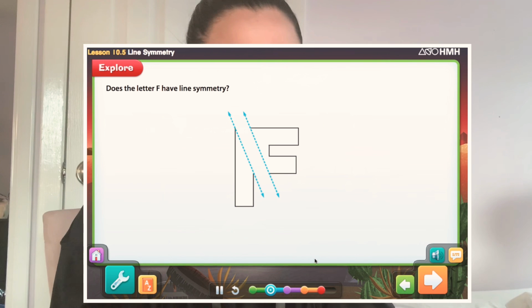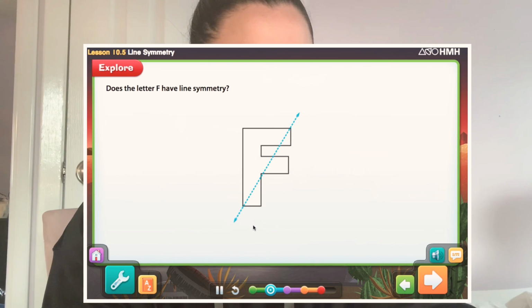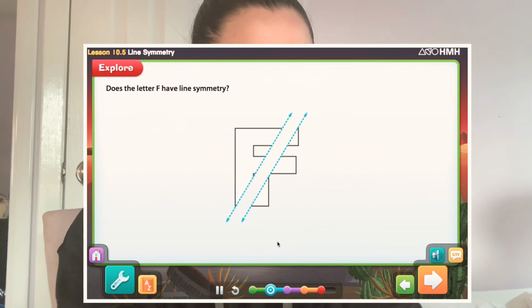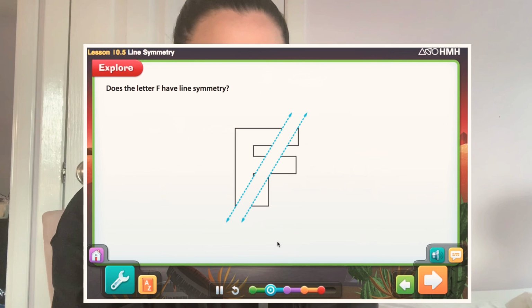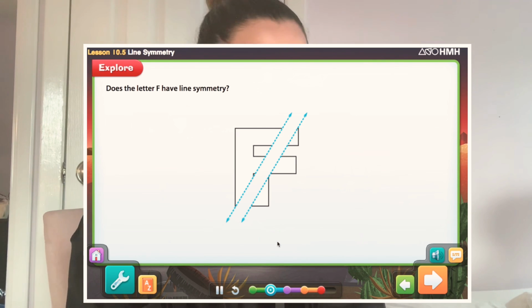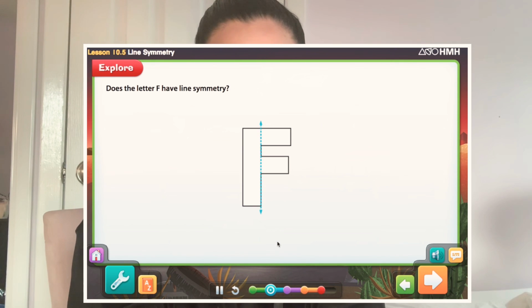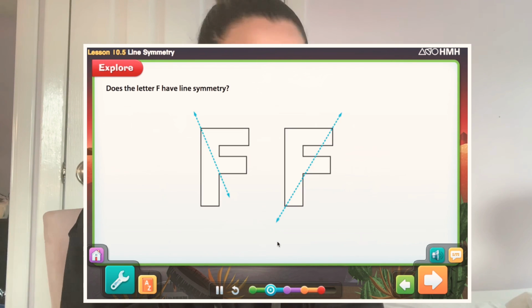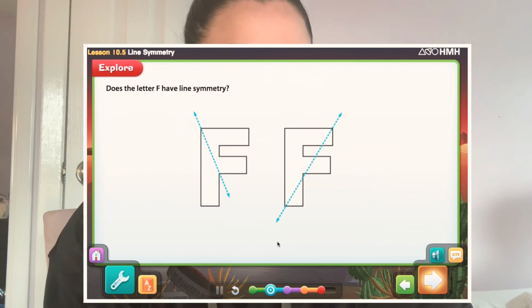Nope, not matching. What if we were to do it another way? Horizontally, vertically, no, but if we try diagonal, the shapes on each side of the symmetry line do not match, so they are not symmetrical.